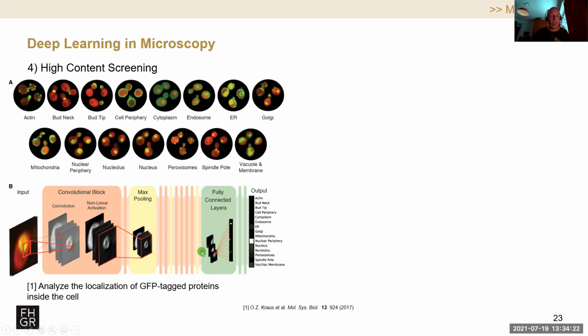We would have in the end a classification layer which allows various outputs. In this case, various parts of the cells are possible, and we would get the highest prediction value for hopefully the correct class of organelle that we are presently being presented, or that has been labeled.